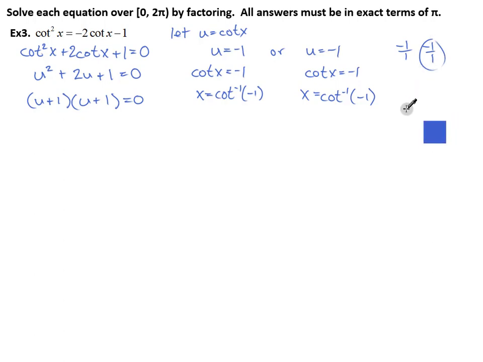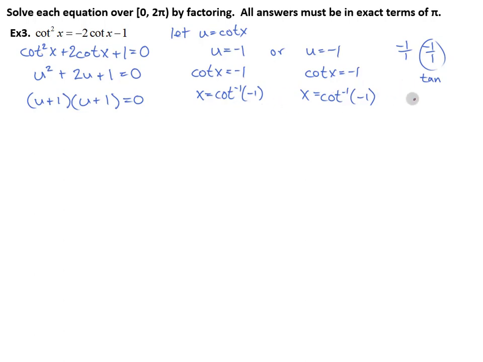So where is tangent -1? Can help us find those values. So we just did the reciprocal here. And where is tangent -1? Tangent is negative in the second and fourth quadrants, and -1 at the 45-degree angle away from each x-axis.